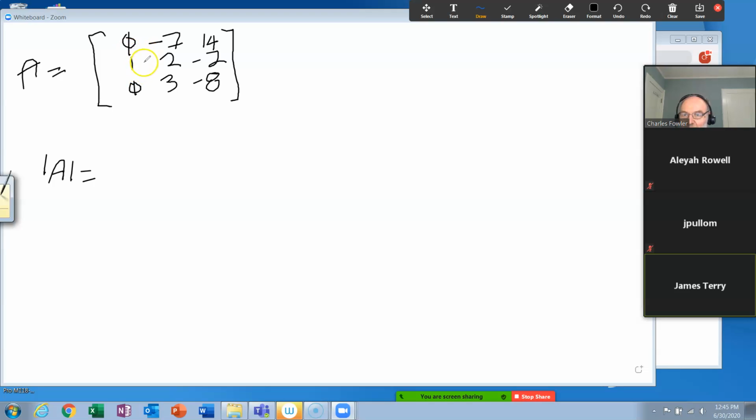And what's the sign of that 1? The sign of the position for 1? That's a minus. So it would be a minus 1 times the determinant that's left there, which would be a minus 7, 14, 3, negative 8.